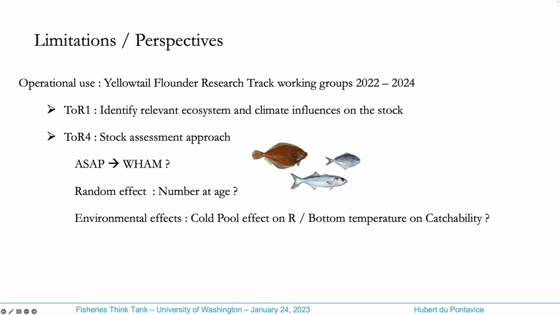In addition to the different studies on the yellowtail flounder using WHAM, we could rely on recent examples, especially the example of the American plaice. The research track working group for the American plaice recommended to transition from VPA to WHAM, and they incorporated random effects for the numbers at age. It could be interesting to use the lessons learned in this research track.